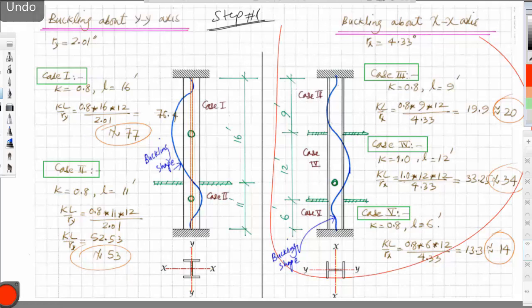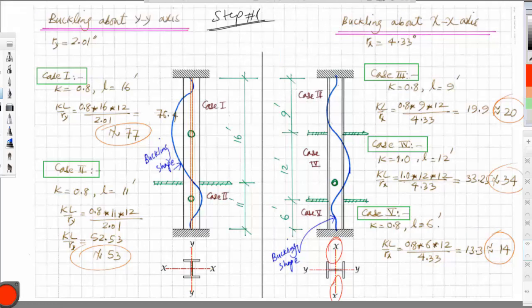Now we come to the buckling about XX, and again see this is X and this is X. So the lateral supports are this and this, or this and this. So you see this is fixed and this is fixed, of course. So in between, any lateral support will give you hinge and give you hinge. So you have here fixed hinge, then you have hinge, and then hinge fix.